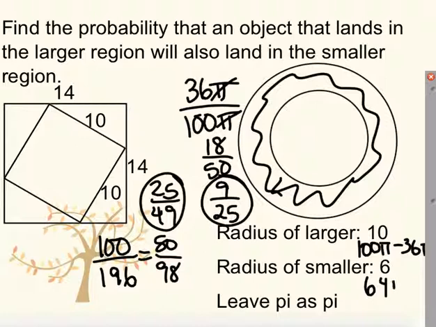So if I have 64 pi out of the total 100 pi, I could simplify that and get 32/50ths, so 16/25ths. So if I want to get into this ring, it would be a probability of 16/25ths.